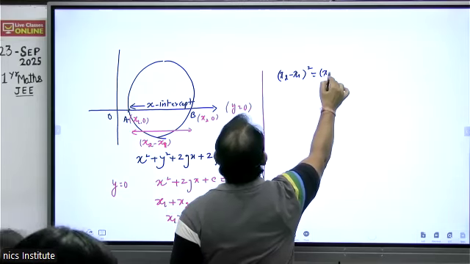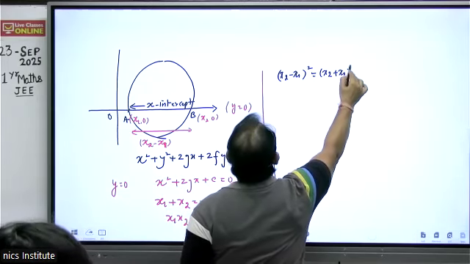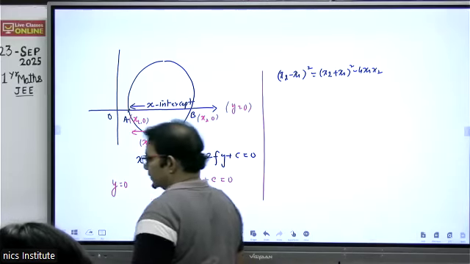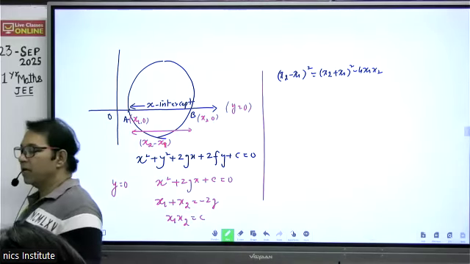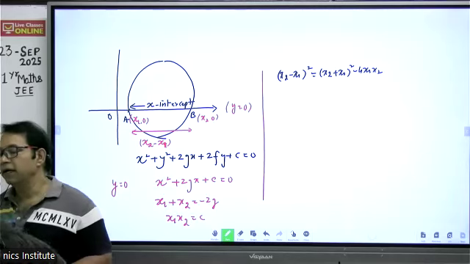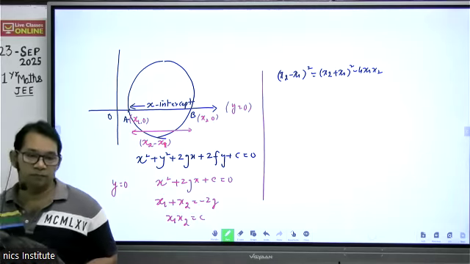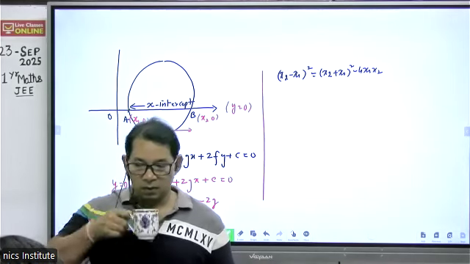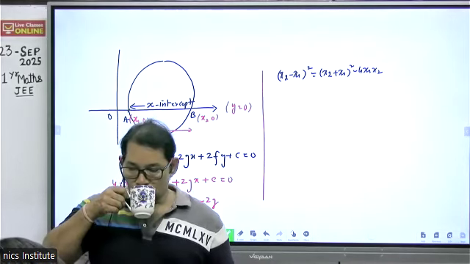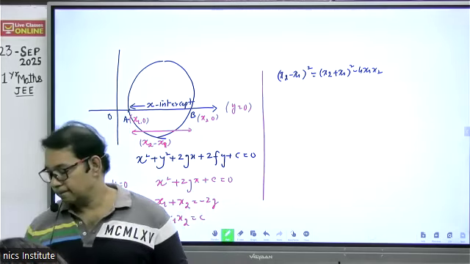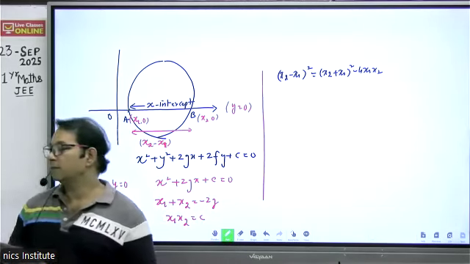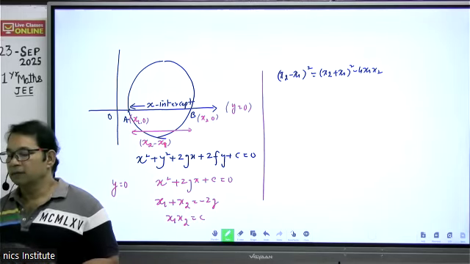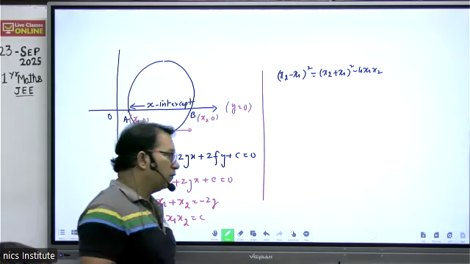Square is equal to x2 plus x1 whole square minus 4 x1 x2. Use this identity to find x2 minus x1. कर लो. So that will be the formula for length of x-intercept.